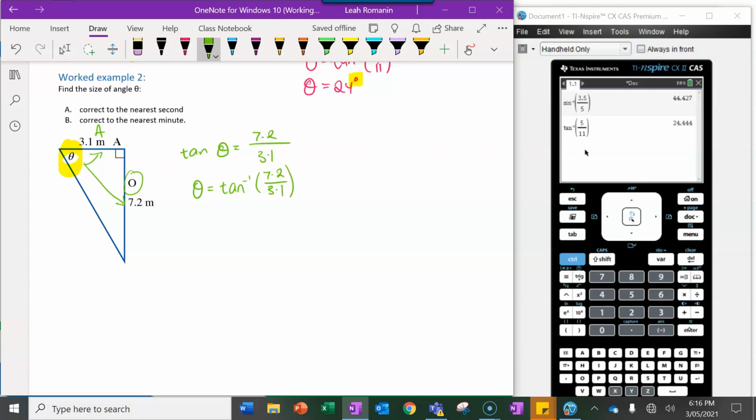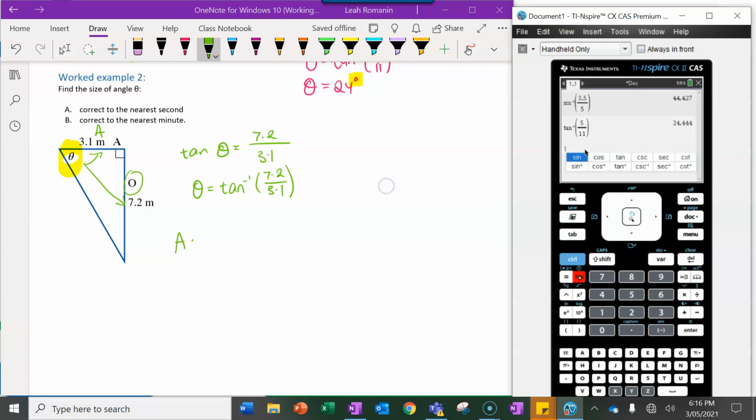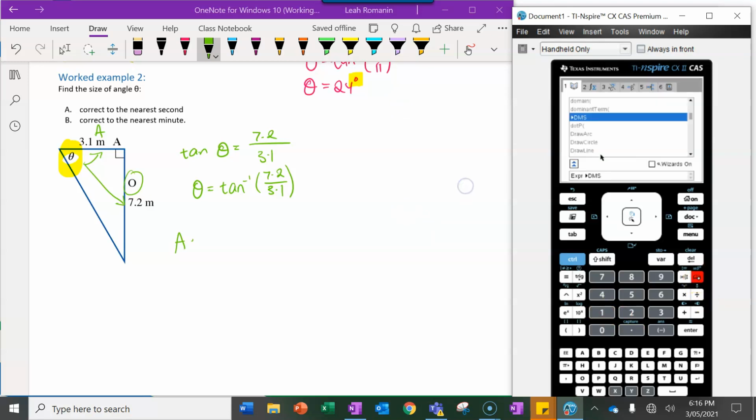So for part A, I'm coming over to my calculator. So tan -1, and then I'm typing in 7.2 and 3.1. Now I want this in degrees, minutes, and seconds. So I'm clicking on the little book.